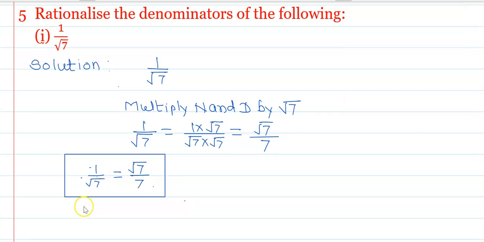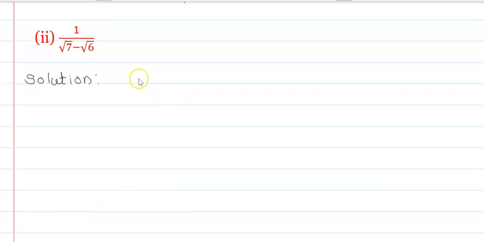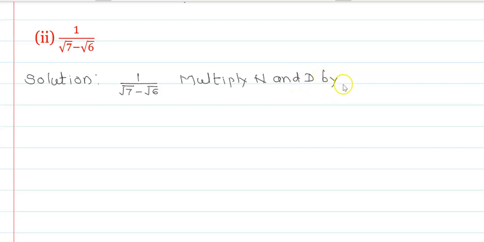Okay. Now, next problem. Again, rationalize the denominator. 1 upon root 7 minus root 6. Multiply N and D, numerator and denominator, by the conjugate part of root of 7 minus root 6. What is that?